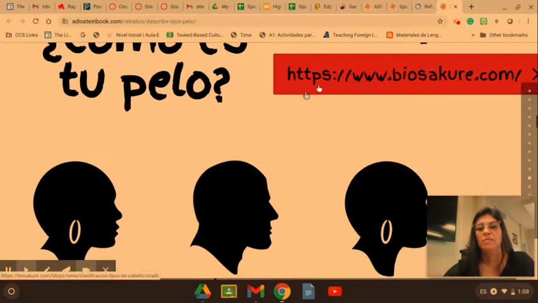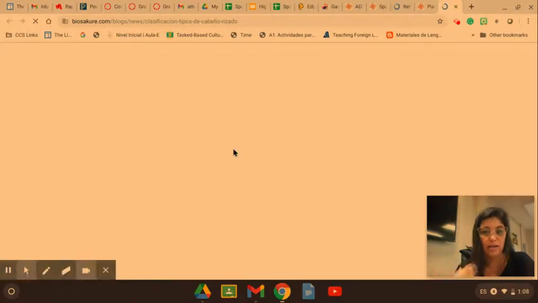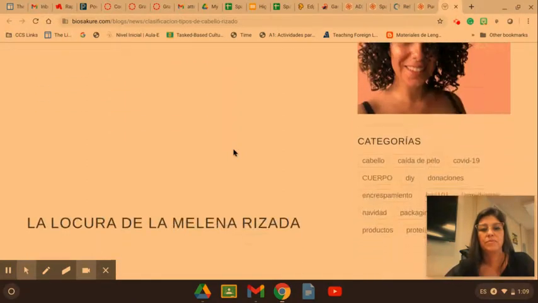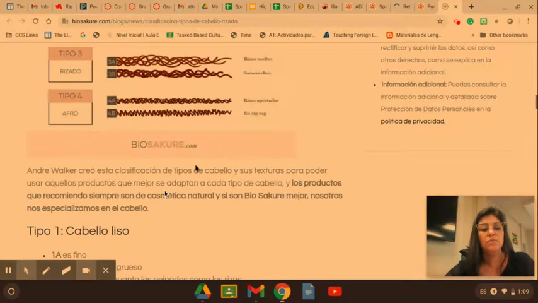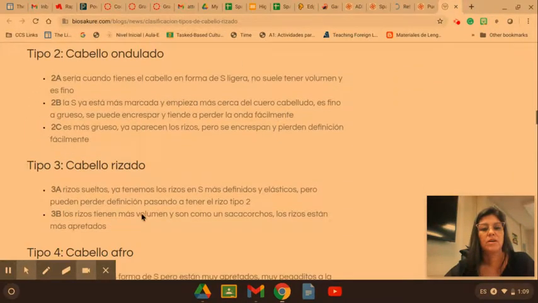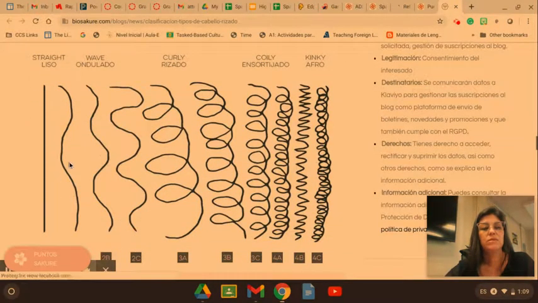So, el pelo puede ser pelo lacio, como el mío, pelo ondulado, pelo liso o pelo lacio, ¿sí? Pelo liso, pelo ondulado, pelo rizado y pelo afro, ¿ok?